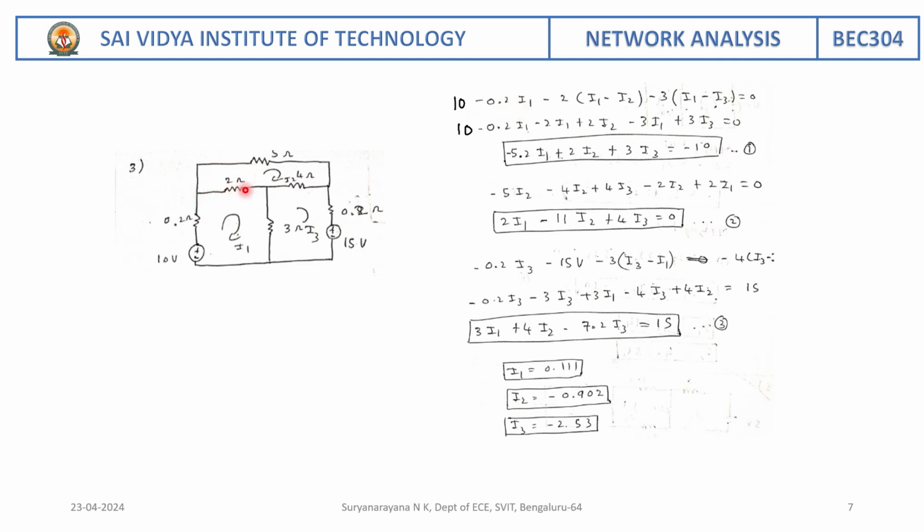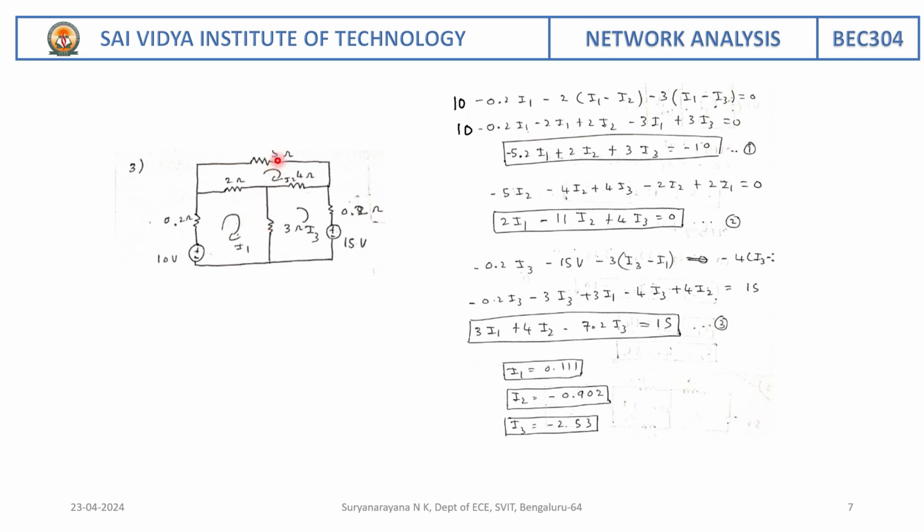And again in the direction of current, there are two currents, I1 in the direction and I2 in the opposite direction, therefore I1 minus I2. Similarly, minus 3 into I1 minus I3 is equal to 0. So on simplifying this, we are going to get minus 5.2 I1 plus 2 I2 plus 3 I3 is equal to minus 10. So this will be the equation for first mesh.